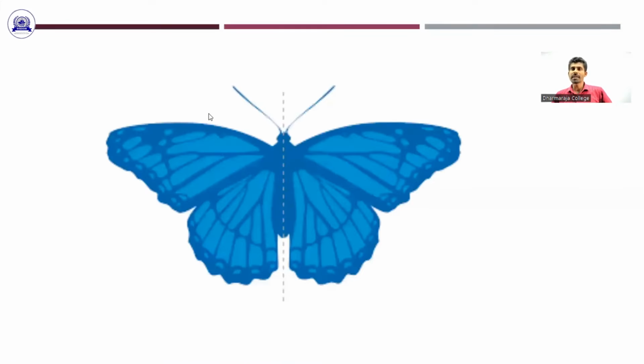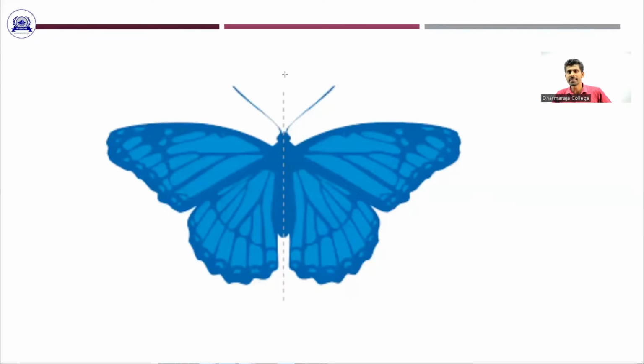Second one, look at this butterfly. You can equally divide it into 2, very easy. That one is bilaterally symmetric.